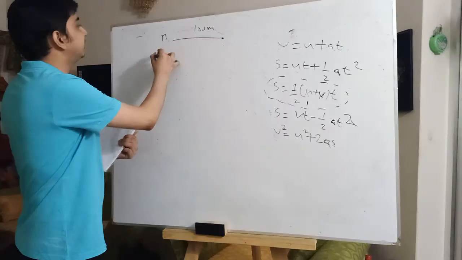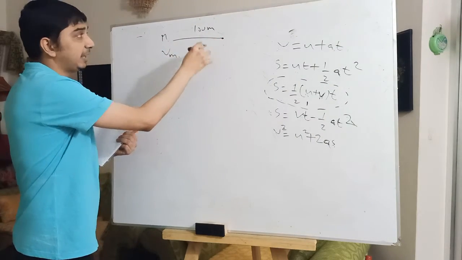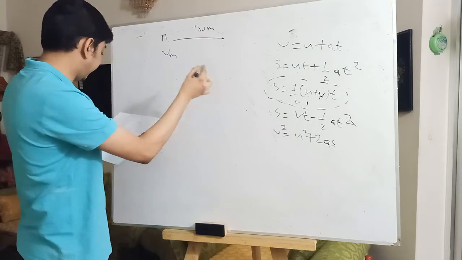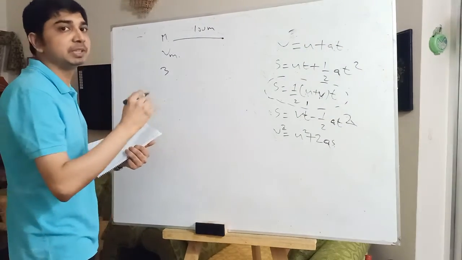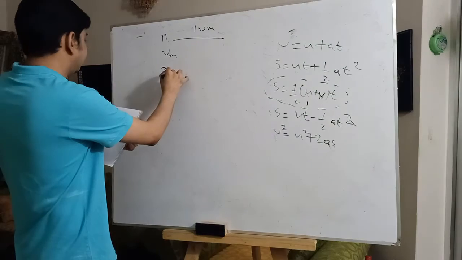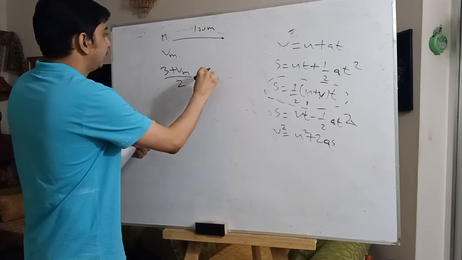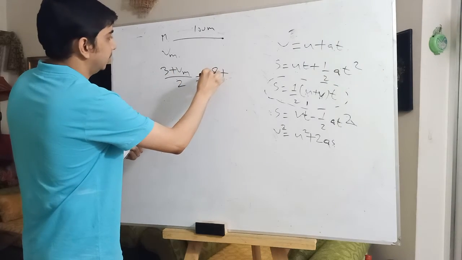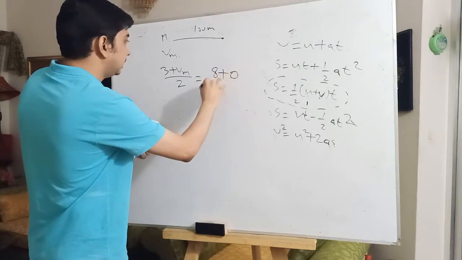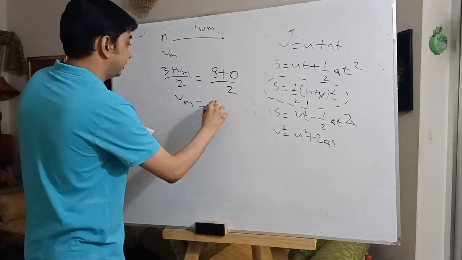So let's say the final velocity of the man is Vm. And the final velocity of the bus is 0 meters per second. So you can use the formula that average velocity is u plus v by 2. This is the initial velocity of the man, 3. The initial velocity of the bus is 8. So the value of Vm is equal to 5.